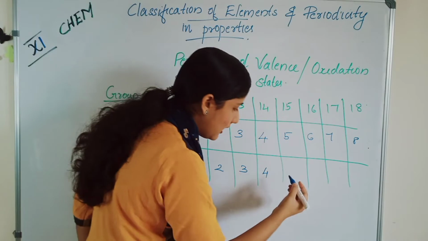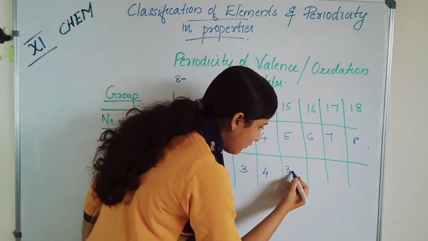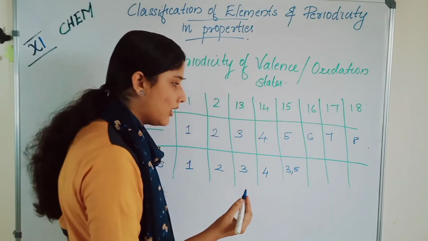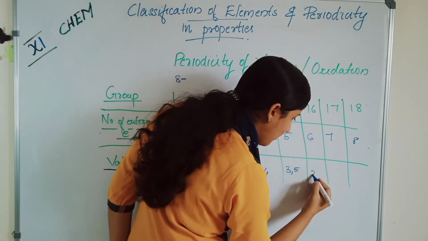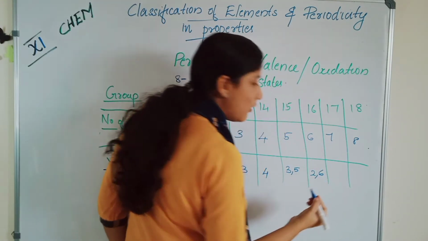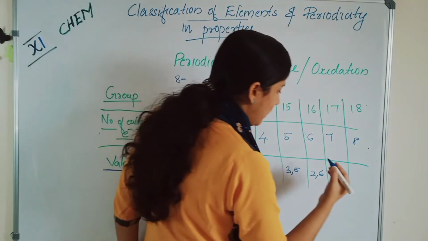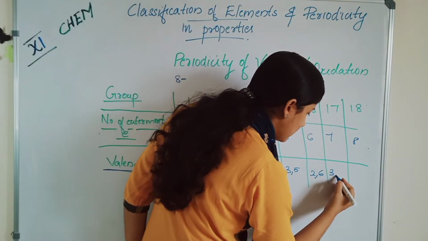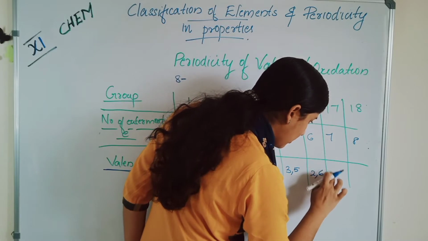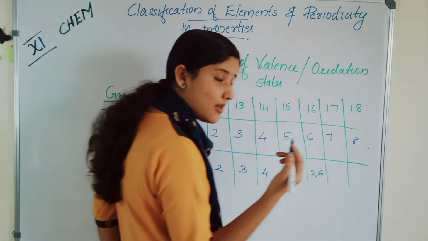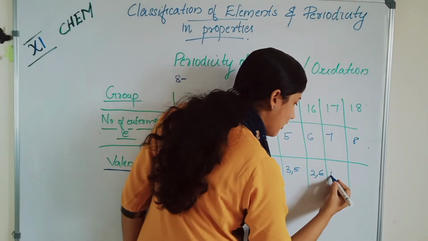So it will be 3, 5. Here it is 2, 6. For the 17th group, what will be the valence? Sorry, 8 minus 7 is 1.